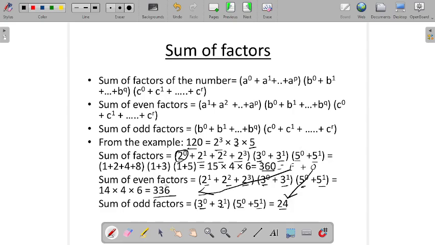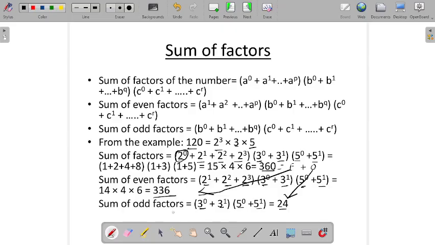Next, sum of even factors. Here in sum of even factors, if 2 is a prime factor, then we should not include 2 power 0. That means we should include other values only, like 2 power 1 plus 2 power 2 plus 2 power 3. We should not include 2 power 0 here, and other values are the same.